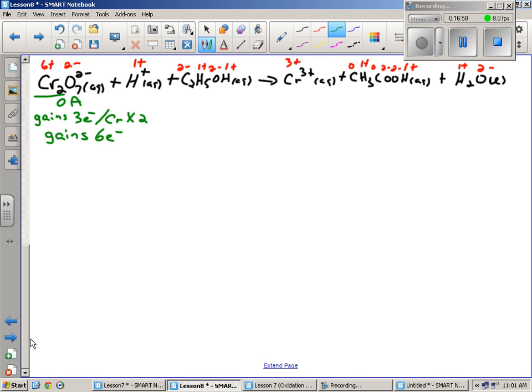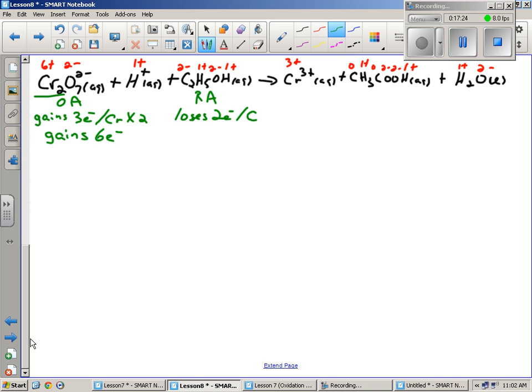What's the other one here that I need to worry about? What's my RA? Specifically, it's what? C, yes? This is my RA. Each C goes from a 2 minus to a 0. So I would say, well, this one is losing 2 electrons per carbon. Each carbon is going from a minus 2 to a 0.